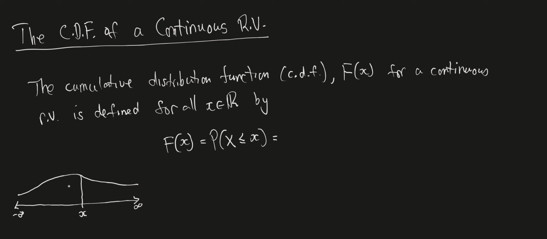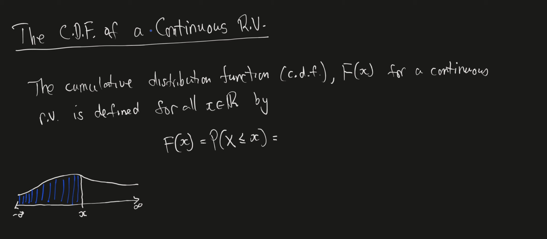So it would be everything to the left of this vertical line, because less than or equal to x could be anything from this vertical line down to negative infinity. So the area that will now be represented by our CDF is this area. So in principle, our lower limit is negative infinity and our upper limit is x.